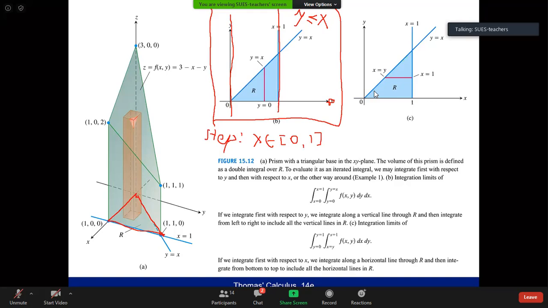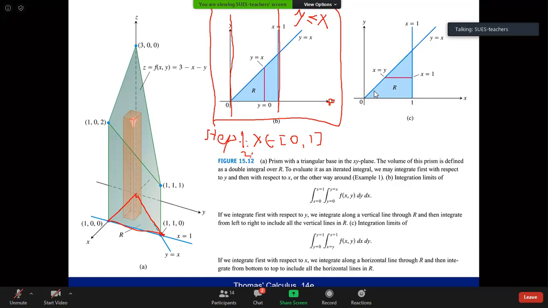Now you know x is from 0 to 1. The next step, step 2, is to define the range of y.